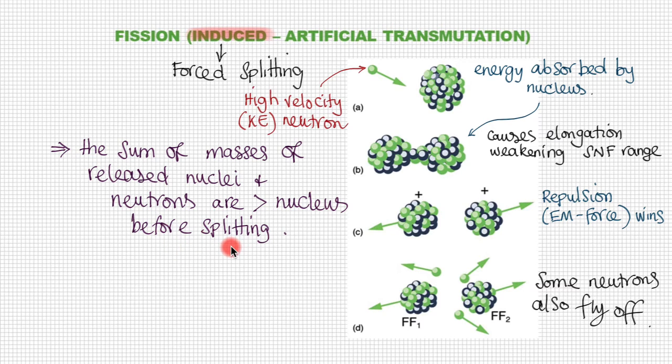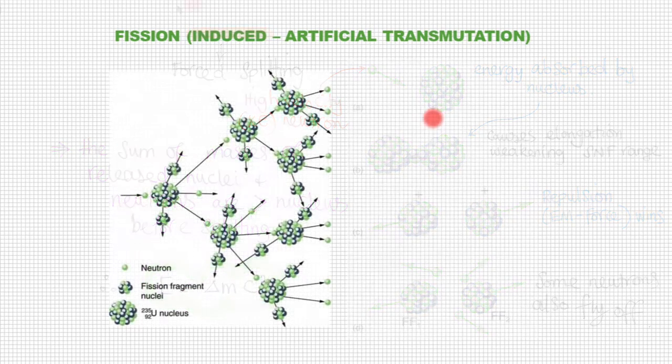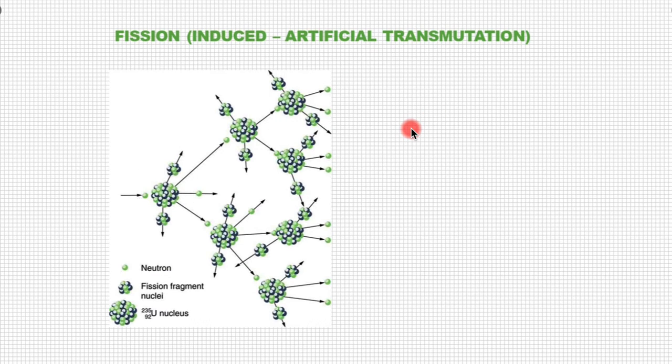Therefore, we have a mass difference. We use that mass difference in our equation here, and we can work out how much surplus energy is released by the reaction.